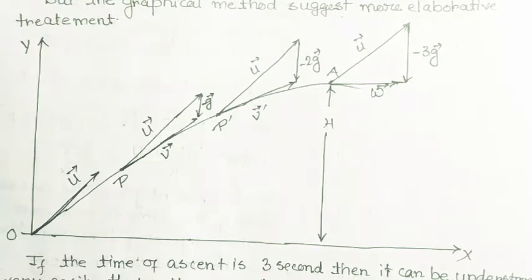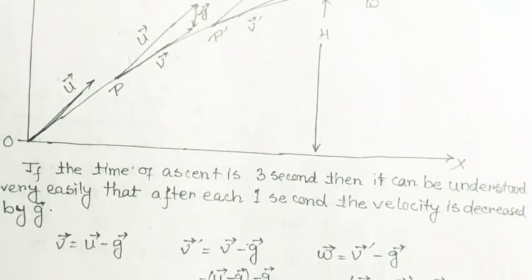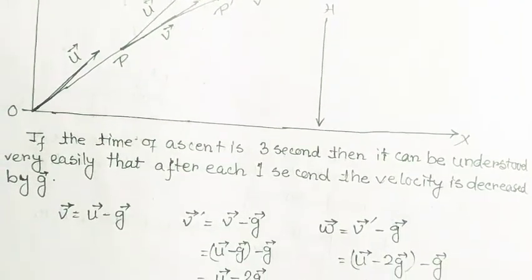If the particle's time of flight is known, then after 1 second or 1.5 second or 3 second or 4 second, what is the velocity? You can easily calculate it by using this simple mathematical formula.